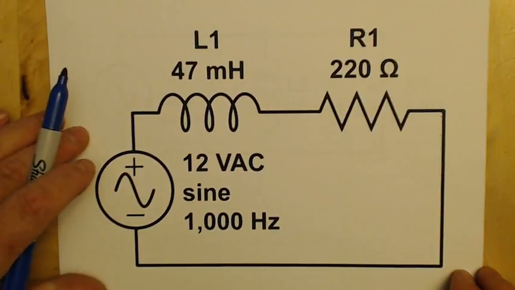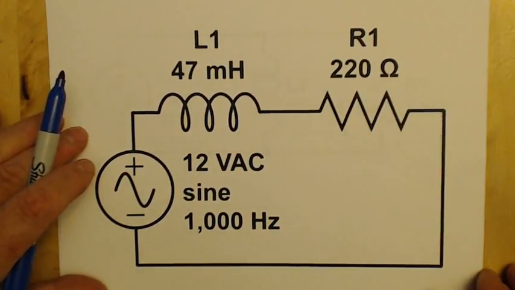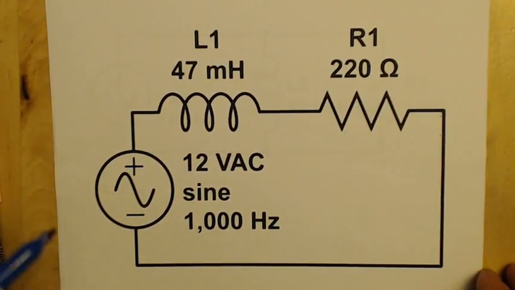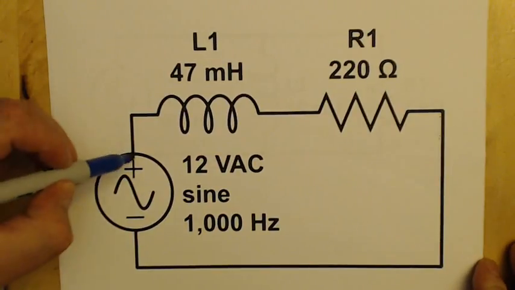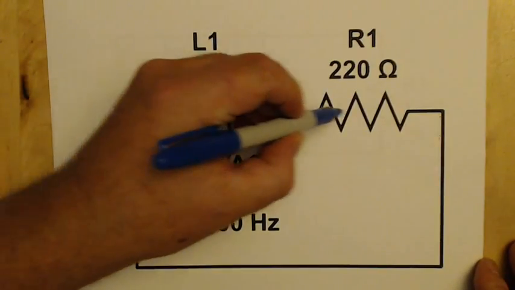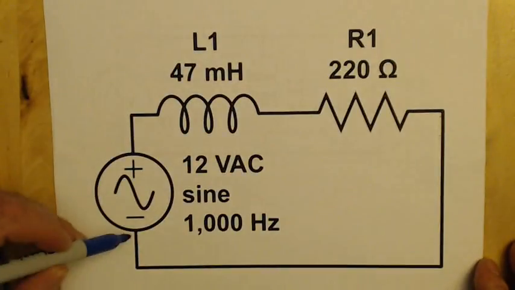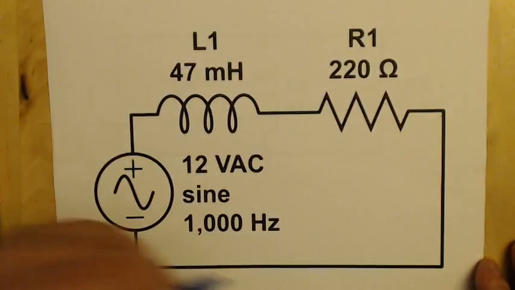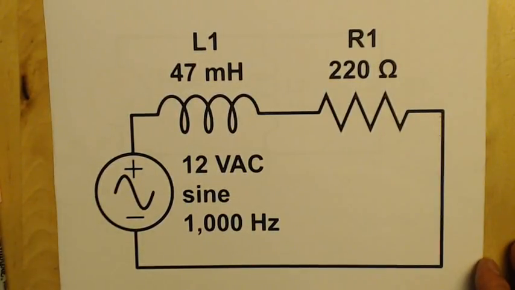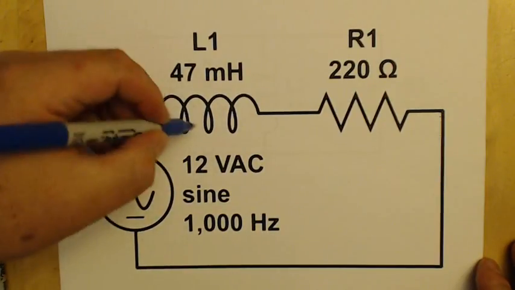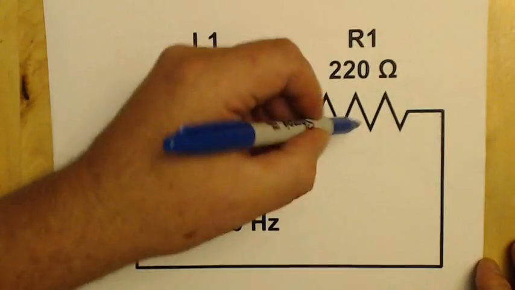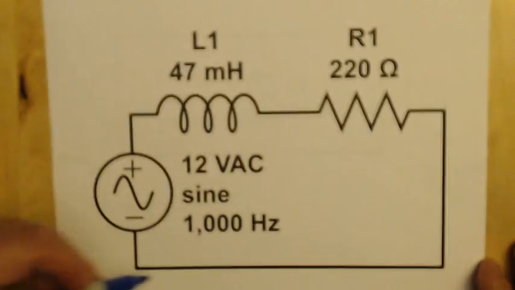Now, here we have a complete circuit with different symbols. Again, I don't care about the symbols and letters and numbers. I want you to focus just on the circuit. You can see that we have a complete path. Okay, and I want you to look at it and notice there is only one path through this device, whatever it is, through this component, whatever it is, and back around to here.